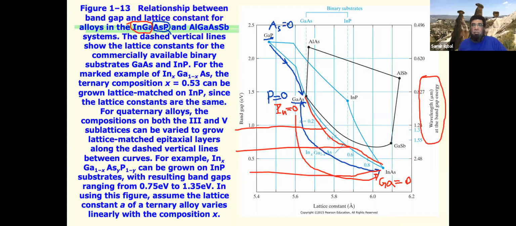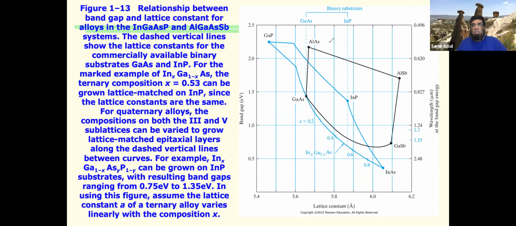We can achieve all those wavelengths by just changing relative fractions of the material. Let me clean this screen so we can just visualize and see what's happening here. So I stayed only with indium gallium arsenide here when we were talking, right? So I stick to only this thing.